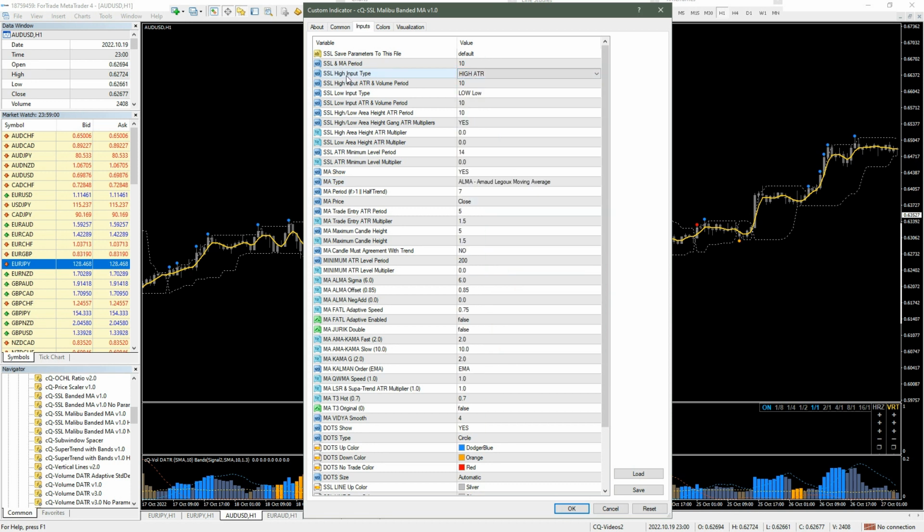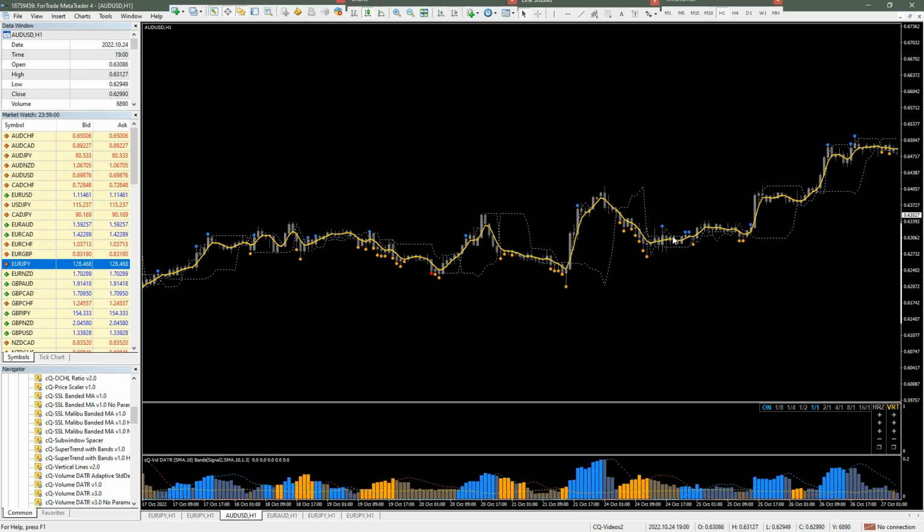And right here, what this is doing, it will go back 10 candles and look for the highest ATR, and it's going to use the high of whatever that candle is. That's the high that it will use to draw these bands. And then the low is very similar. Right here it will go through these past 10 periods, look for the lowest low, or if you say you had the lowest volume, and it will use the low of that candle and insert it here.